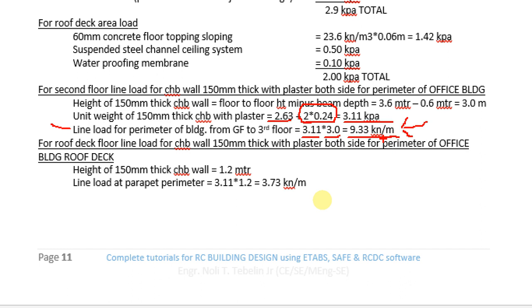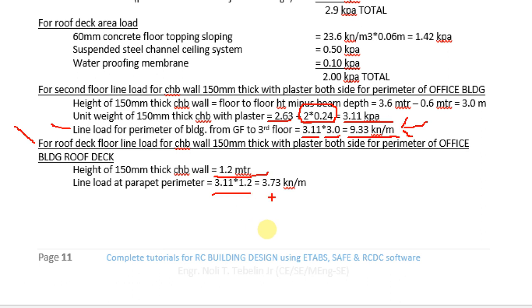Okay? For the roof deck, we will have a 1.2 meter CHB wall. So, 3.11 times 1.2 equivalent to 3.73 kilonewton per meter.